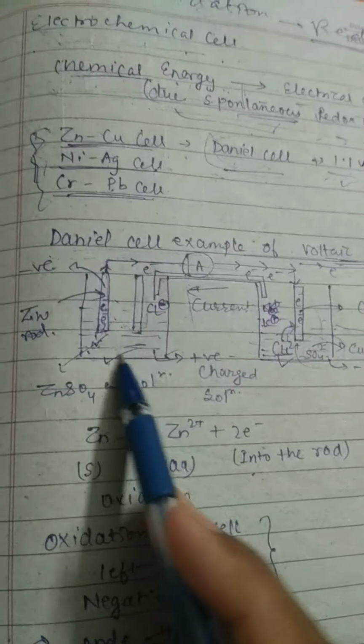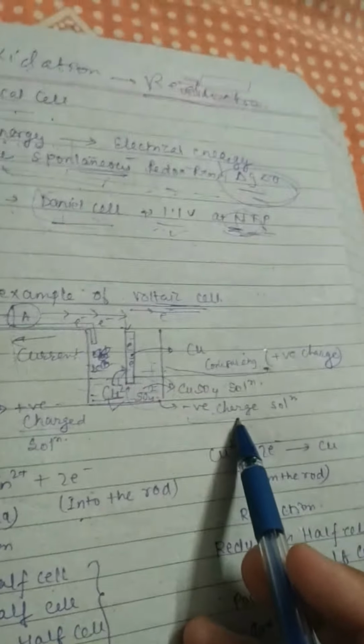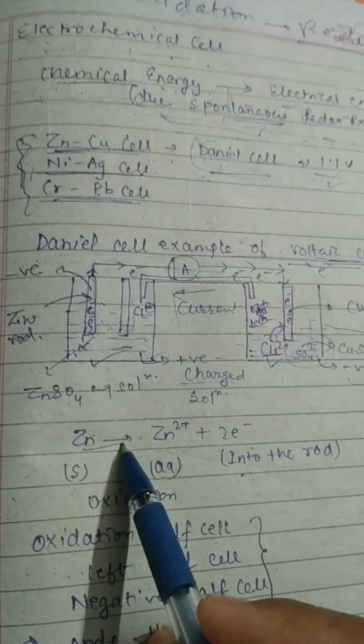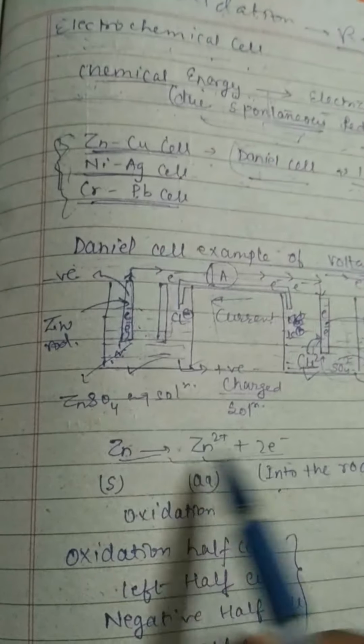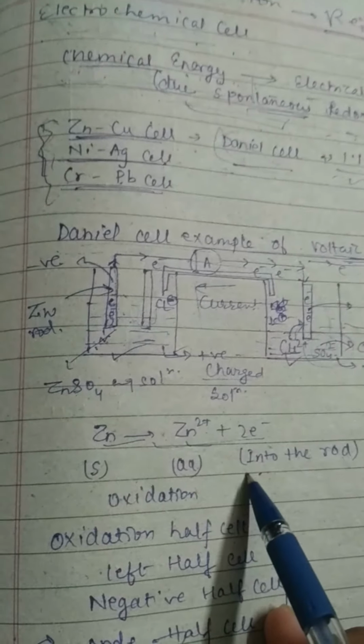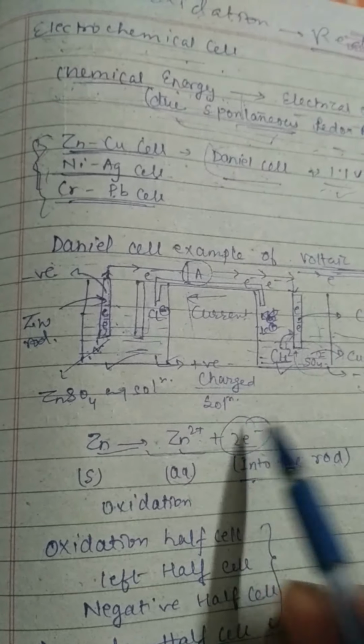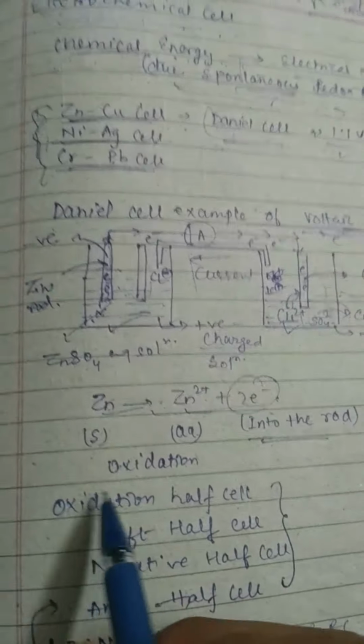As you see here, I have written that this solution becomes a positively charged solution, and this becomes a negatively charged solution. Zinc oxidizes to zinc 2+ ions, and the electrons go into the rod; this is known as oxidation.